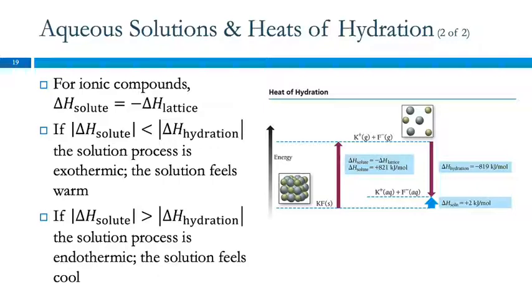So this delta H solute, that's the energy needed to separate the solute particles from each other. If we're talking about an ionic compound, that's the same quantity as the lattice energy, just in reverse. So for potassium fluoride, the lattice energy is the energy when these two ions in the gas state come together to form the solid.